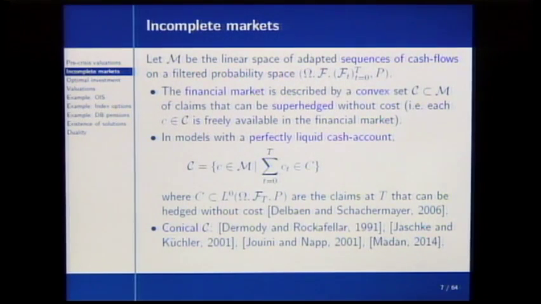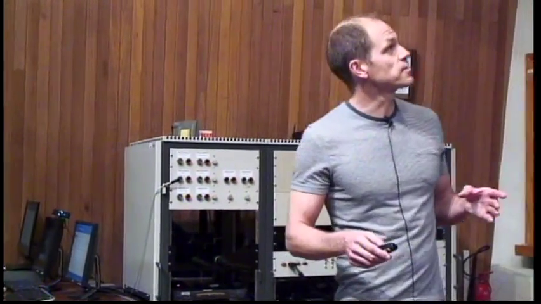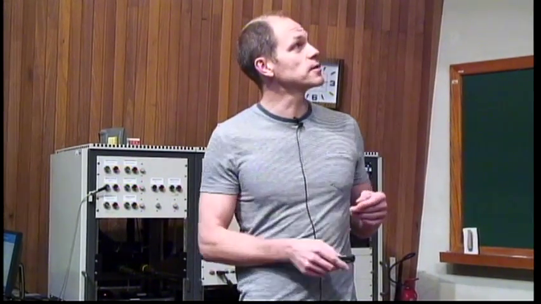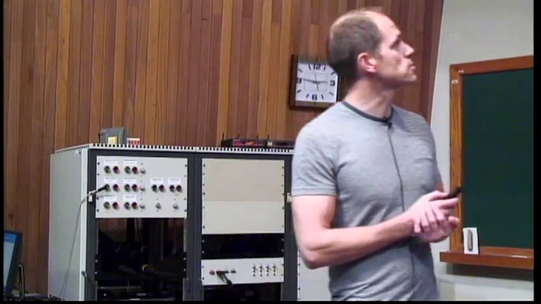So for simplicity, I will work in a finite discrete time, have a filtered probability space, and I have this very simple abstract setting which ignores many of the interesting features of financial markets, like the assets, but already with this simple setup you can study the basic properties like arbitrage bounds and so on, which I will focus on for 5 minutes.